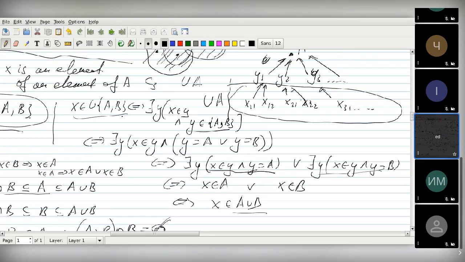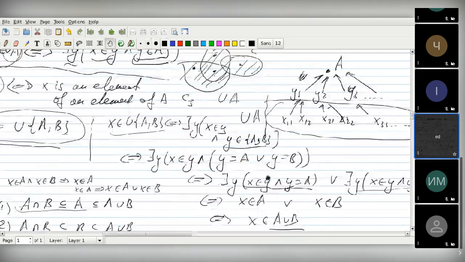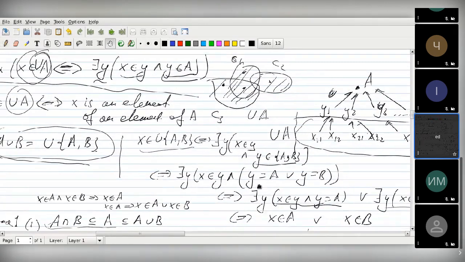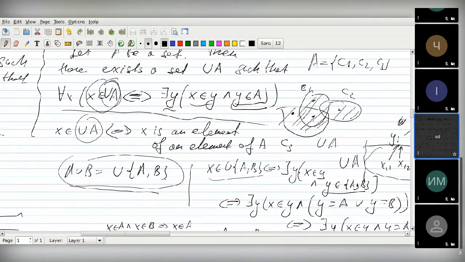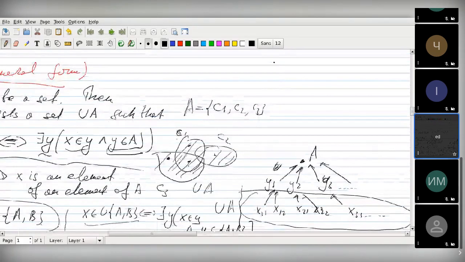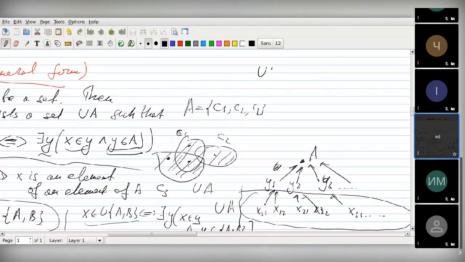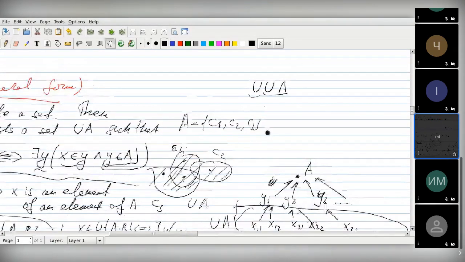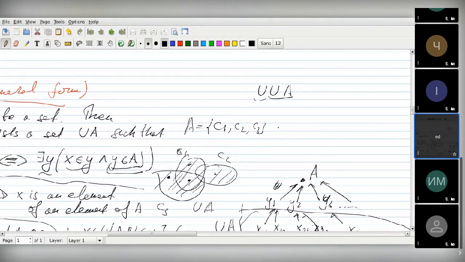But another question is this elements of an element. Okay, and is it possible to go further? Elements of elements of an element. Surely, you may take it two times. And what does it mean? What is it for, actually?